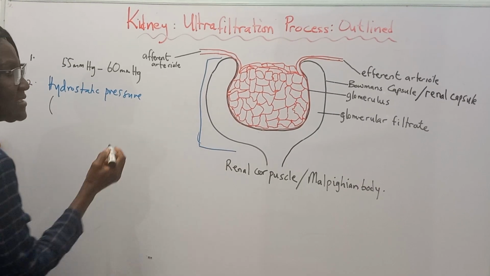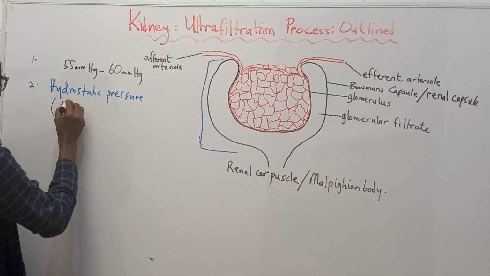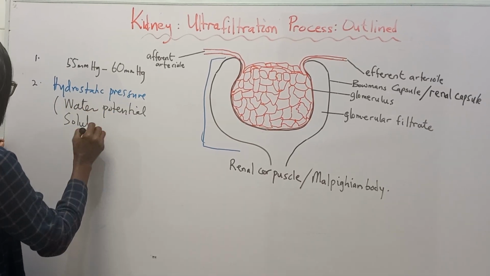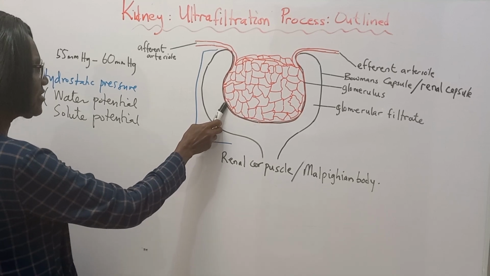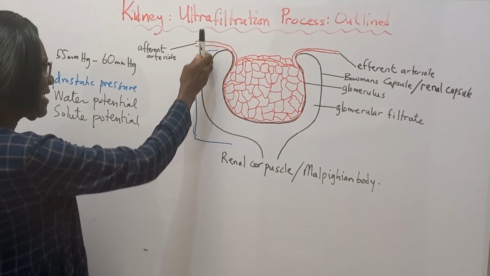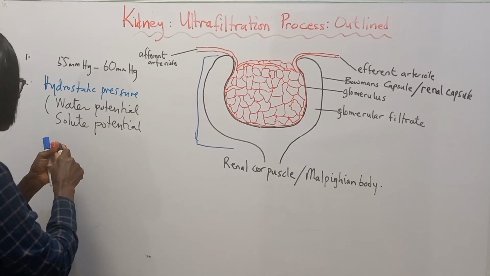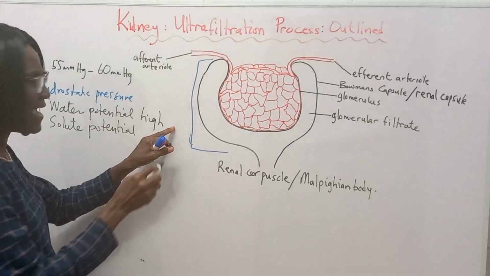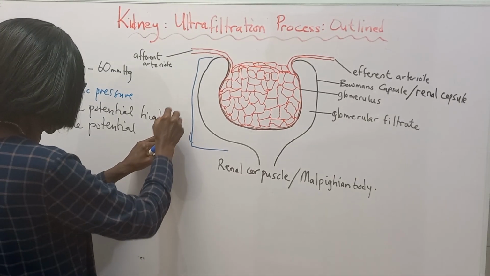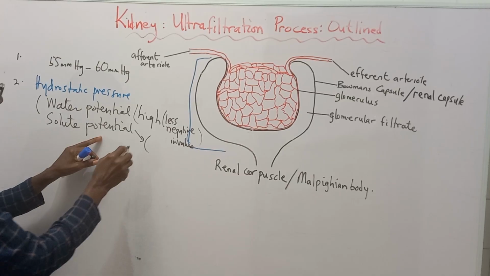The hydrostatic pressure is influenced or determined by water potential and solute potential. So the hydrostatic pressure or blood pressure being high in this region means that water potential is high, and when water potential is high, it's less negative in value, and solute potential is also high.